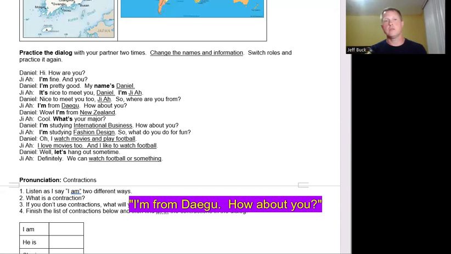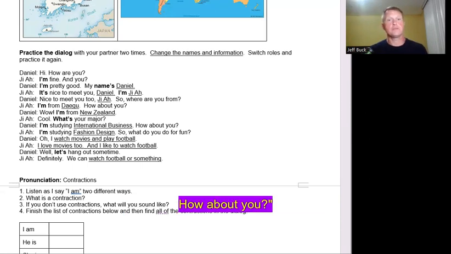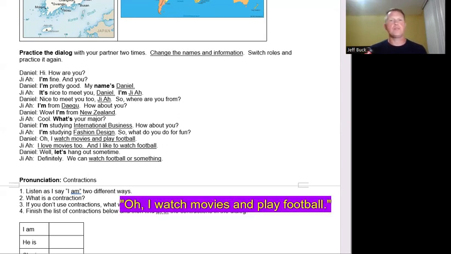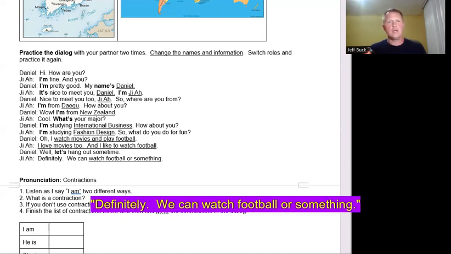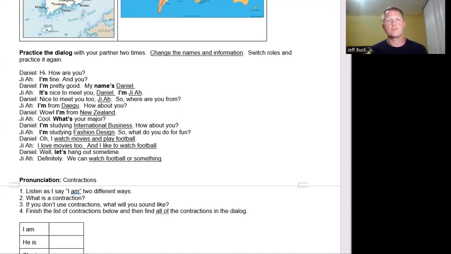How about you?" "Wow, I'm from New Zealand." "Cool. What's your major?" "I'm studying international business. How about you?" "I'm studying fashion design." "So what do you do for fun?" "Oh, I watch movies and play football." "I love movies too, and I like to watch football." "Well, let's hang out sometime." "Definitely. We can watch football or something."